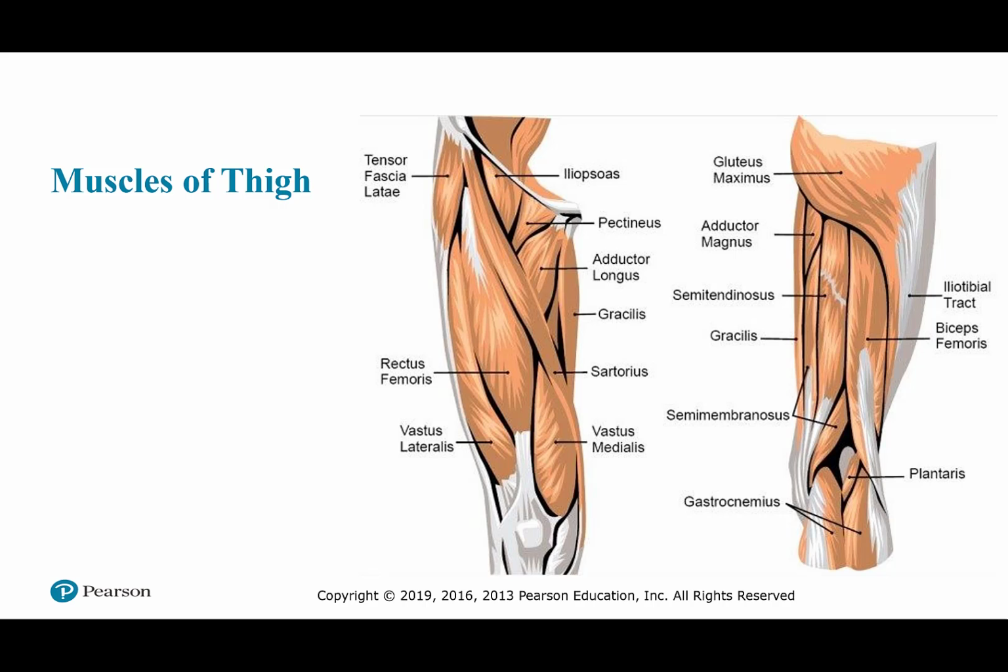Okay, now moving down to muscles of your thigh. Actually, let me point out the muscles of the butt first. One muscle of your butt is the gluteus maximus. It's one of the big gluteal or butt muscles.